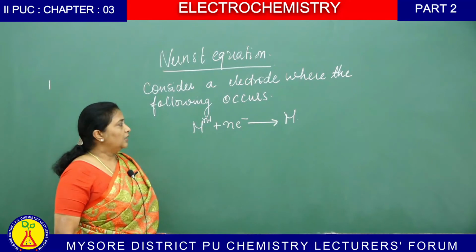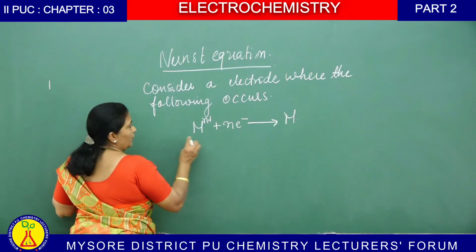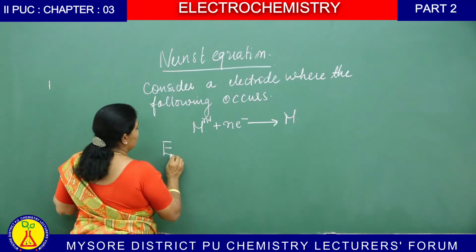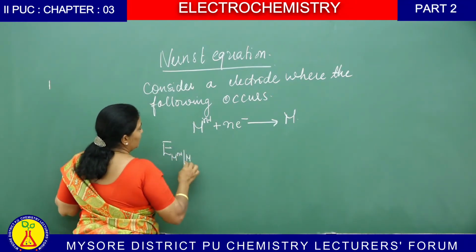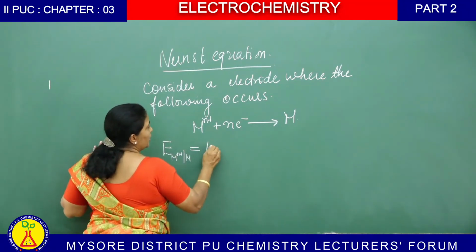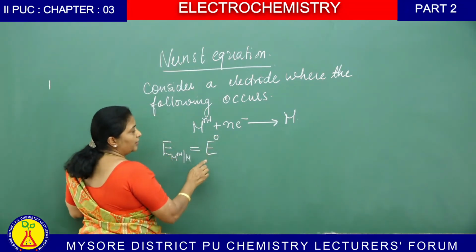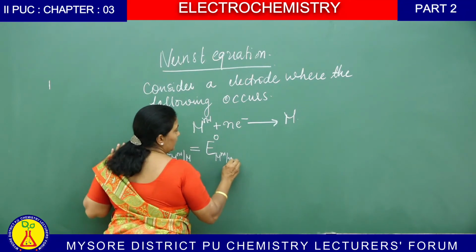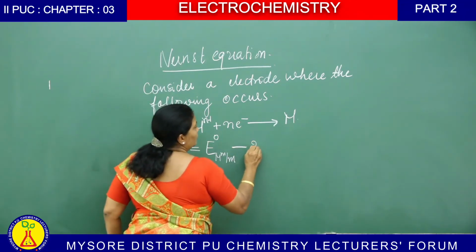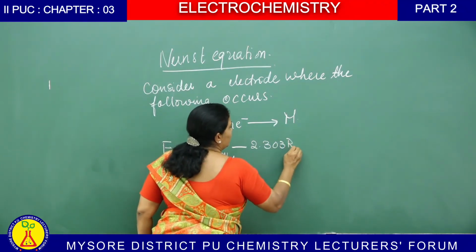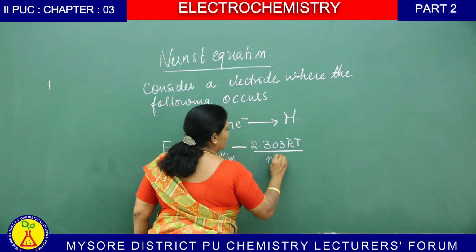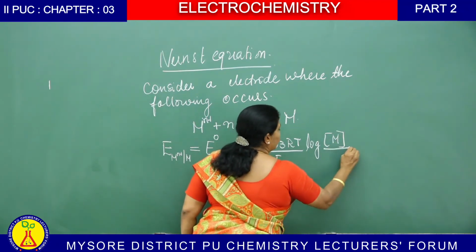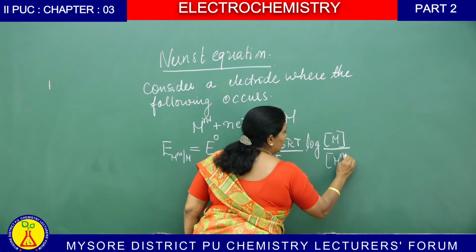So, according to the Nernst equation, E of the electrode, the single electrode potential, which is Mn+|M, is going to be equal to E0 of Mn+|M, that is the standard reduction potential of the electrode, minus 2.303 RT by nF into log of concentration of the metal divided by concentration of the metal ions.